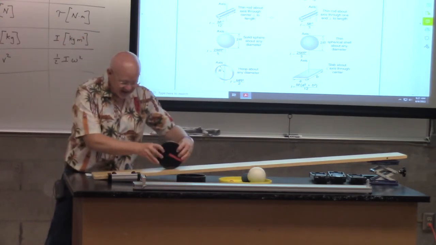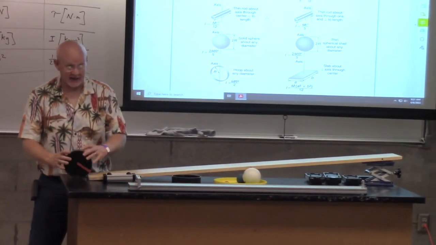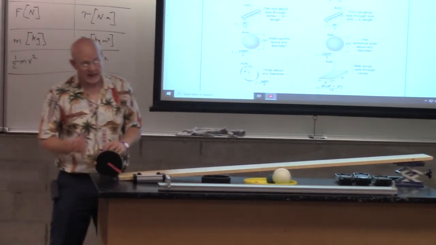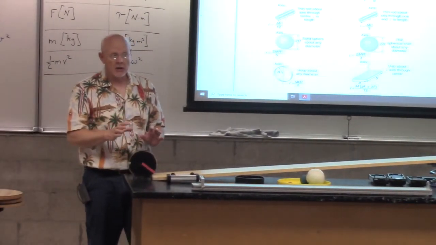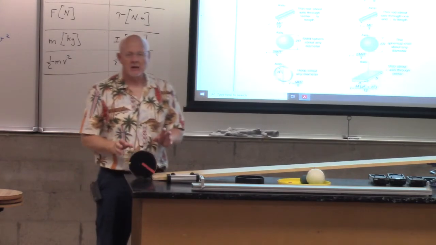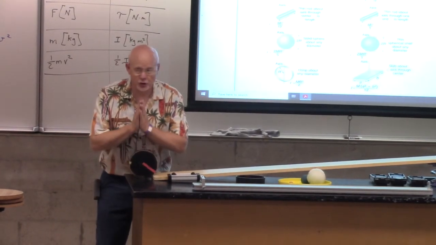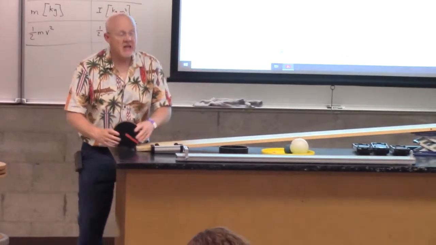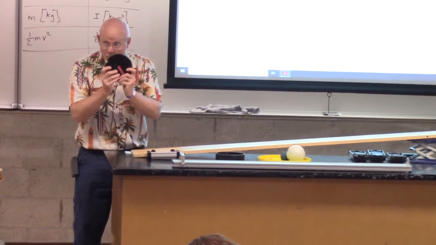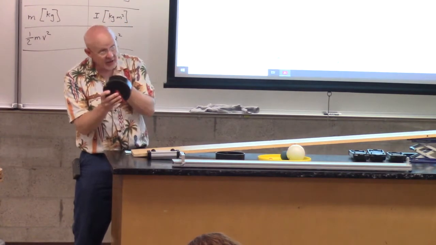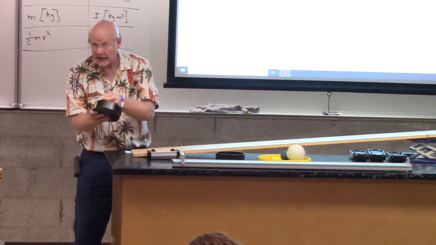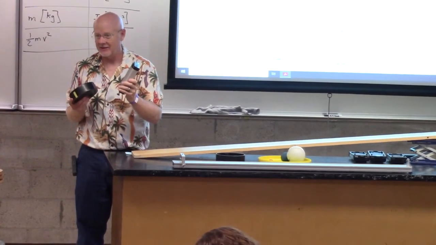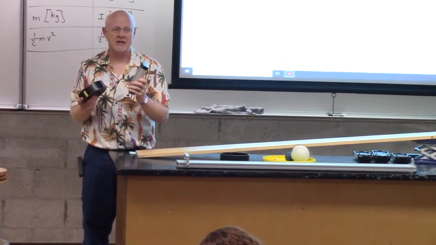So some of it is translational kinetic energy and some of it is rotational kinetic energy. Just for the sake of argument, let's say 7 joules are translational kinetic energy. Because this thing has to rotate and some of its energy has to go to rotational kinetic energy, it cannot have as much as this one in translational kinetic energy.